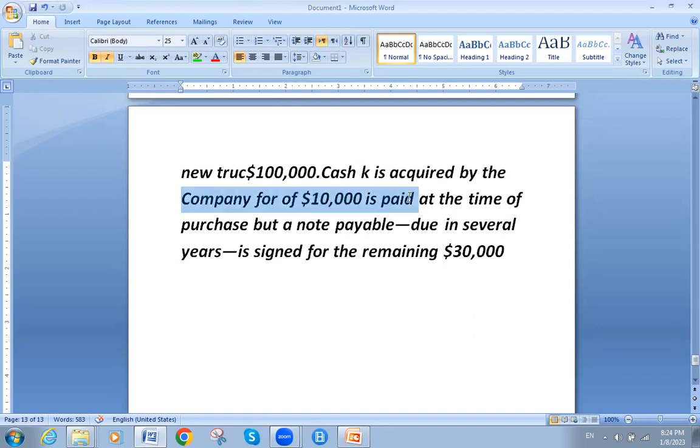Cash of 10,000 is paid. Let's say that here the 10,000 is 30,000, paid at the time of the purchase, but in notes payable. At the time of the purchase, we also have notes payable for 30,000.